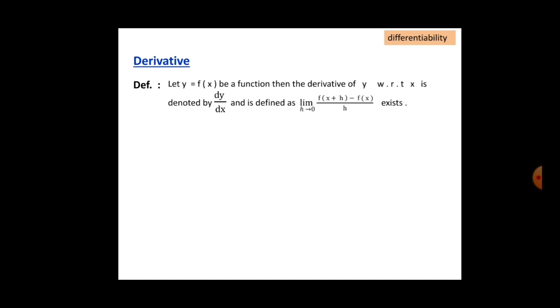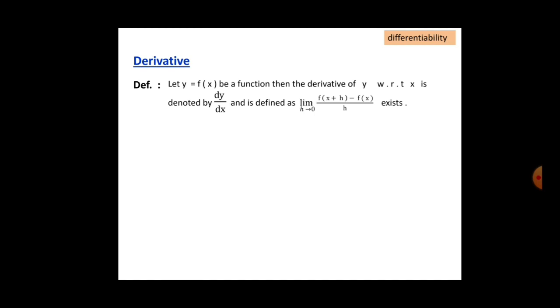That means whatever limit exists for f of x plus h minus f of x divided by h as h tends to 0, that is called the derivative of the given function.